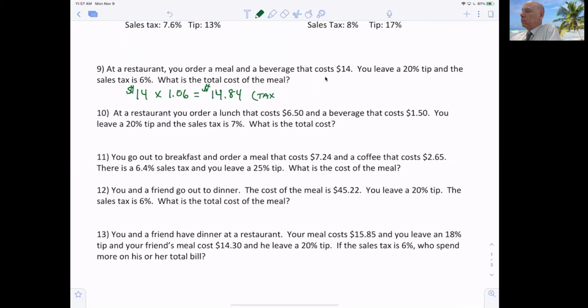And then you multiply that times 1.1. Times what? 1.1. $17.81. $17.81 total. Anybody have an issue with that?